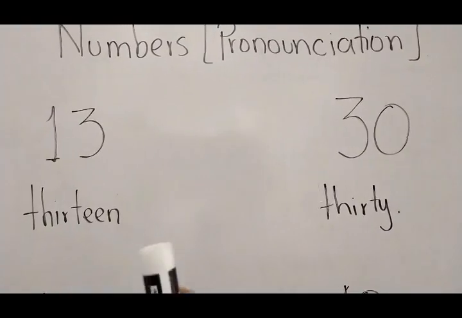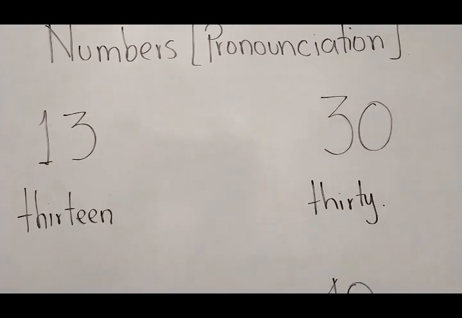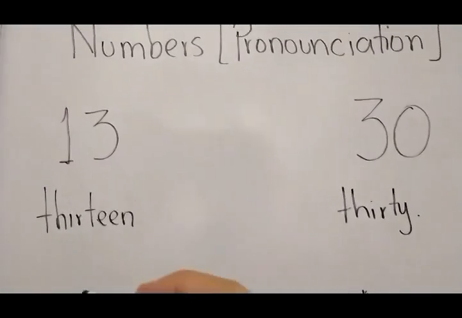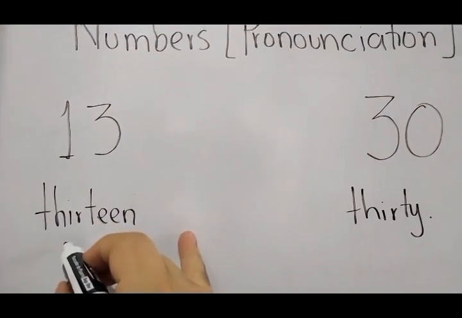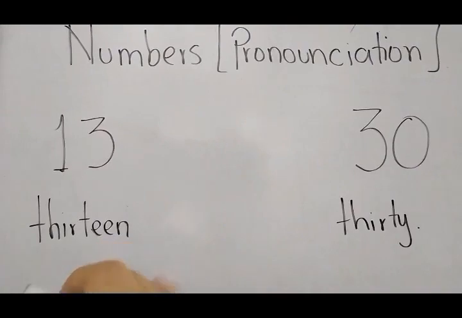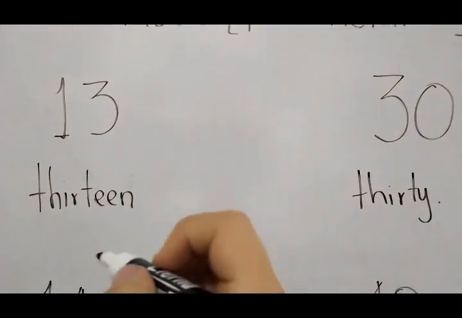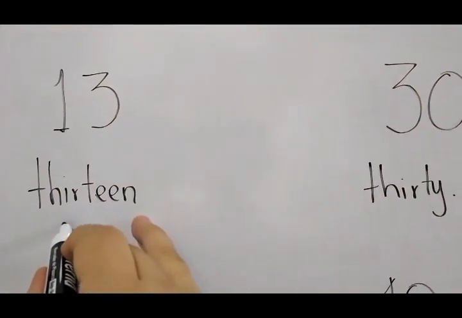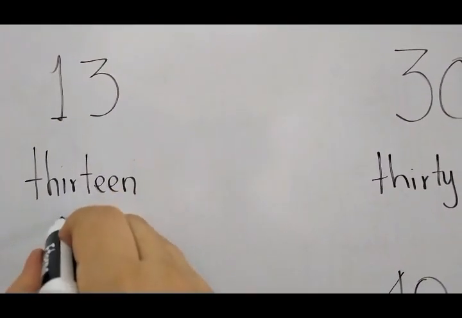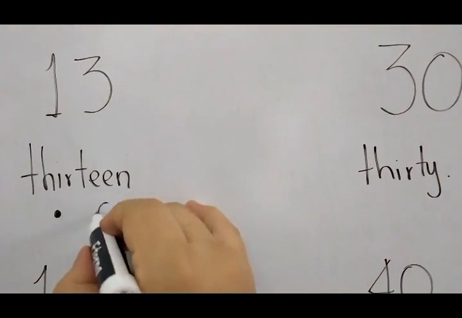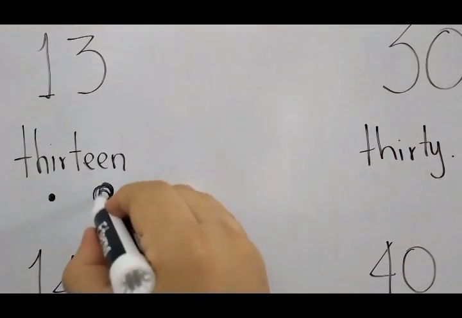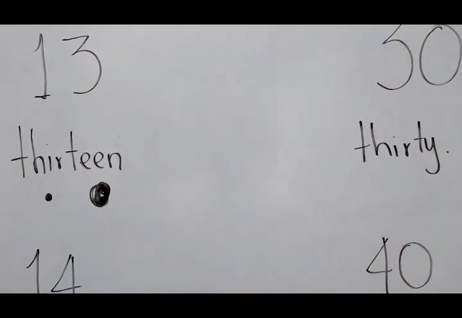So the clue for pronunciation is that in this case the tone of the voice rises at the end. This one is a weak tone of voice and it ends in a stronger, higher tone of voice.